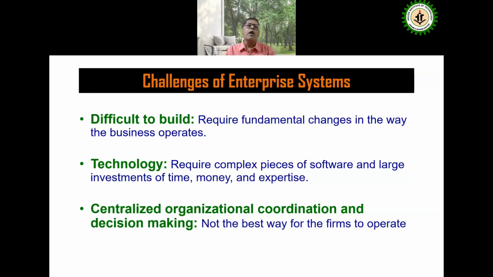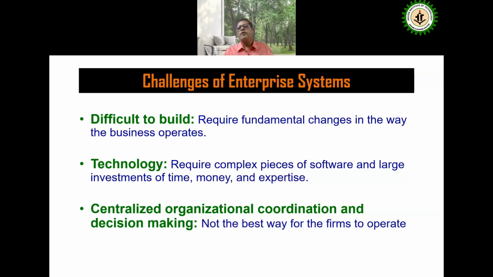So each of the SBUs can use their own enterprise system, but whenever all the wings need to be integrated or whenever decisions need to be made for all such wings, it is very difficult to have centralized organizational coordination and decision making.